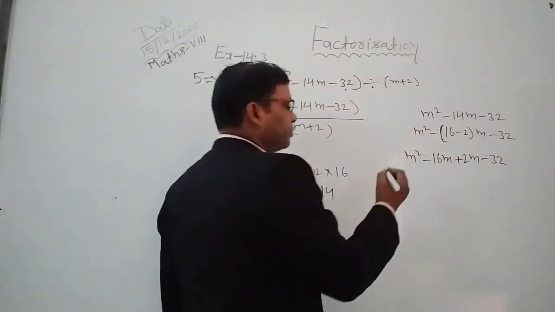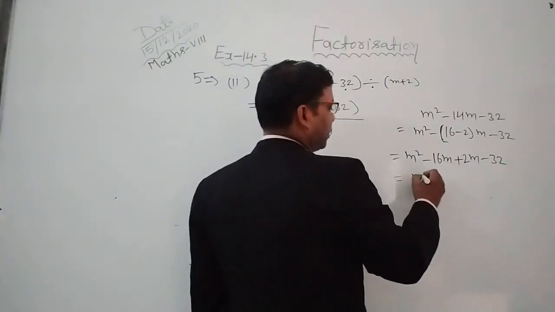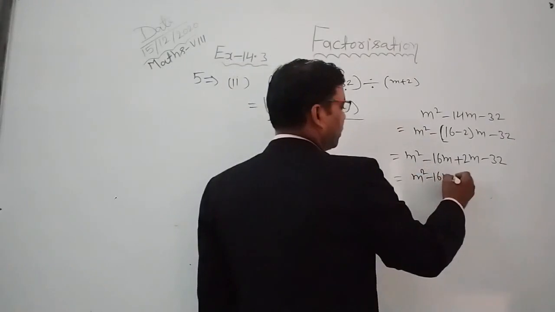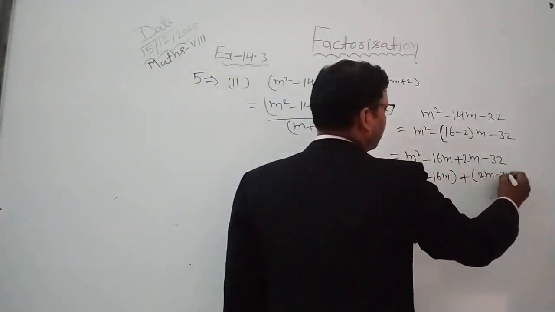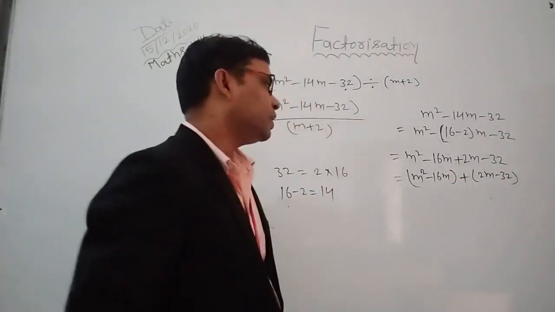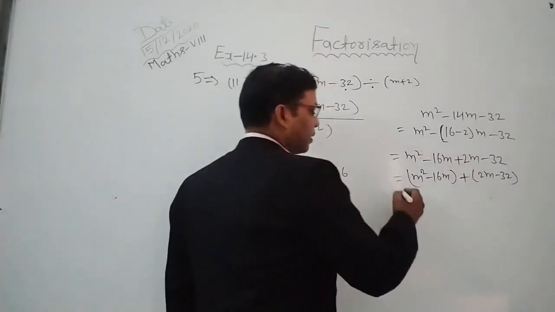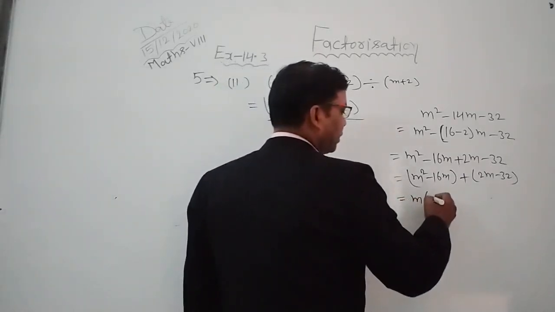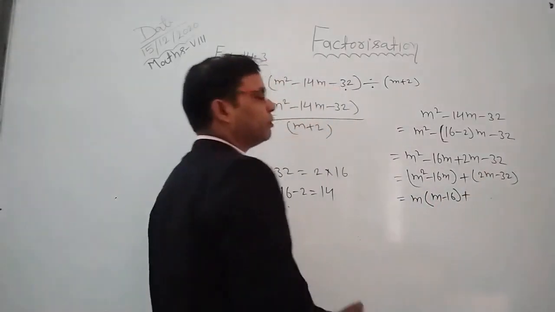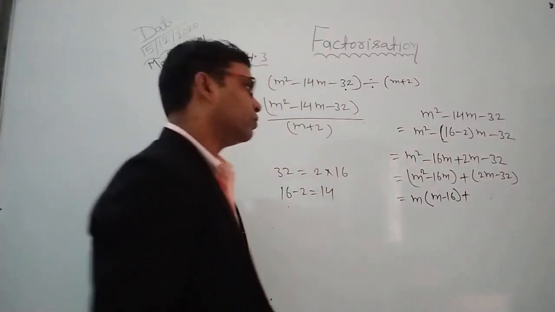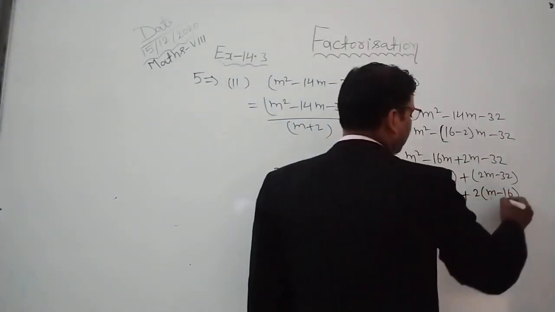Now after grouping, in the first group we get m square minus 16m, and in the second group 2m minus 32. What is common between them? Basically m is common in the first, so we take m common and get m minus 16, plus here we take 2 common, so we get m minus 16 again.